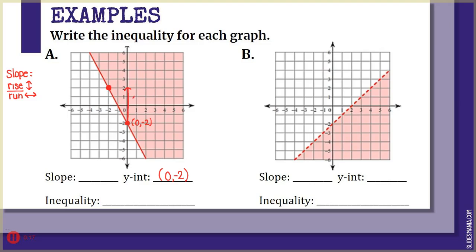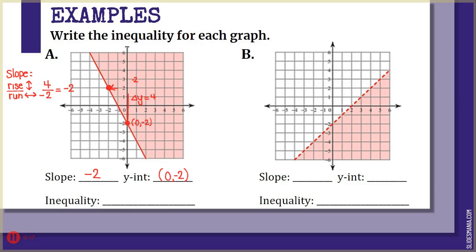So my change in y would be a +4. But then I would have to go left 2, so my change in x would be a -2. And then we would simplify: 4 divided by -2 is -2. So I have a slope of -2.